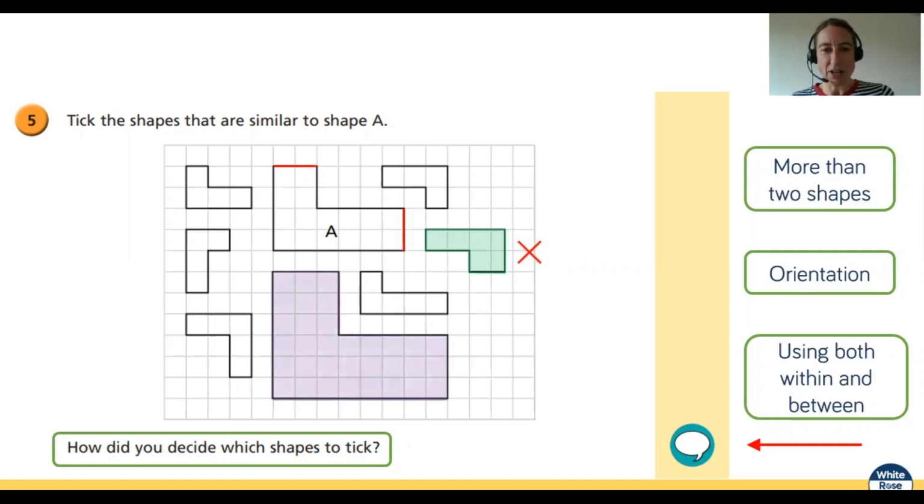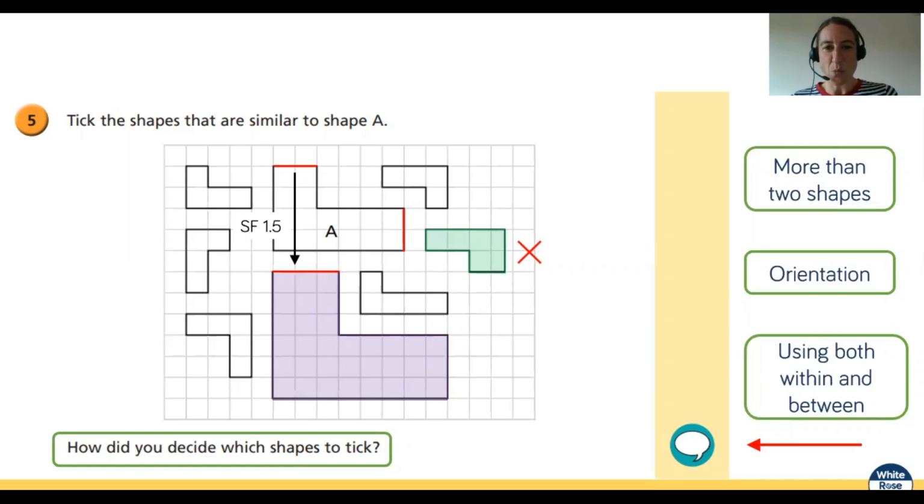Okay, now let's have a look at this purple shape. This time I'm going to compare the two lengths that are highlighted in red, the one that's highlighted in red on A and then the one on the purple shape. And I can see that if the two shapes are similar, then the scale factor of enlargement is 1.5. So now I'm using a between shape side length ratio. I'm looking at that scale factor. So I've changed my strategy slightly.